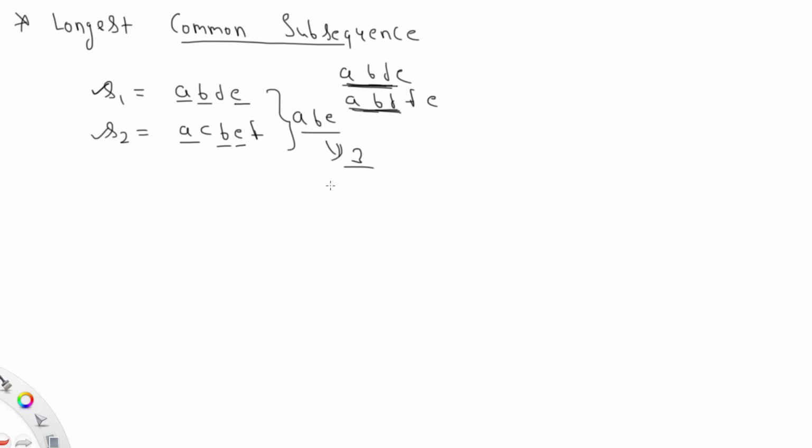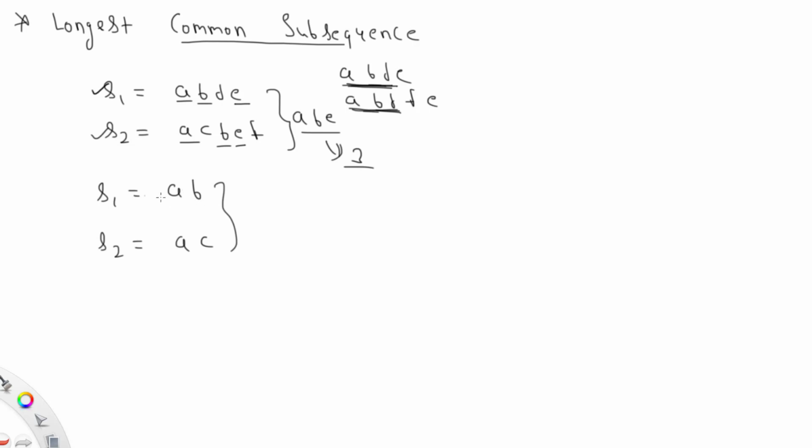Now as we have understood our problem, let's start with the basic problems. Let's say my first string is AB and my second string is AC. In this case, how many common subsequences do we have?